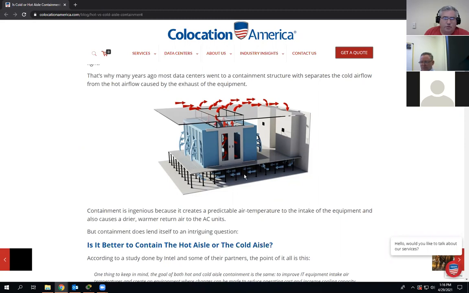It comes from the floor up through holes in the floor into the front of the racks, where it gets sucked in by the fans of the servers in each of the racks. Then the processors and electronics on the inside of the servers heat up the air, and it gets blown out the back, where it gets combined into this aisle called a hot aisle.